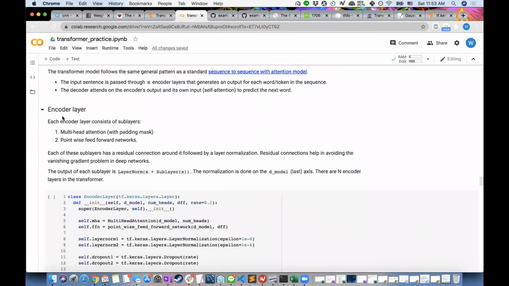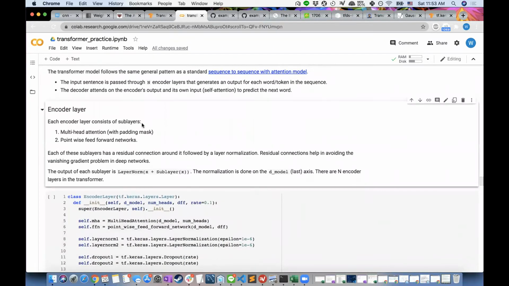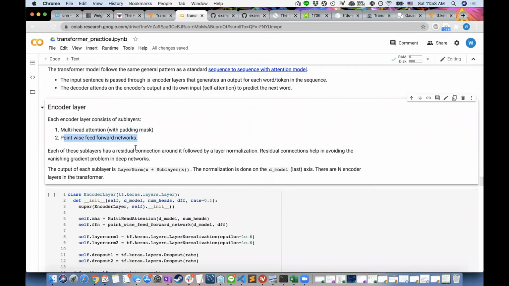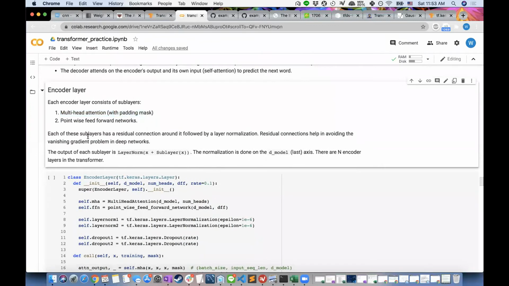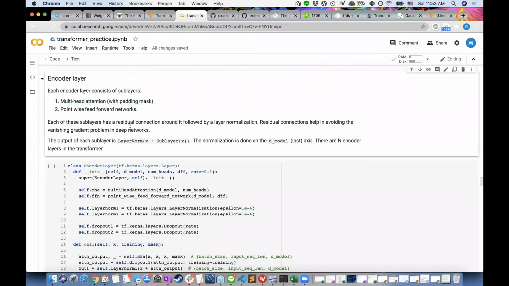Each encoder layer consists of 2 sublayers: multi-head attention with padding mask and a position-wise feed-forward network. We went through these 2 previously. Each of these sublayers has a residual connection around it, followed by a layer normalization. Residual connection helps in avoiding the vanishing gradient problem in deep networks.